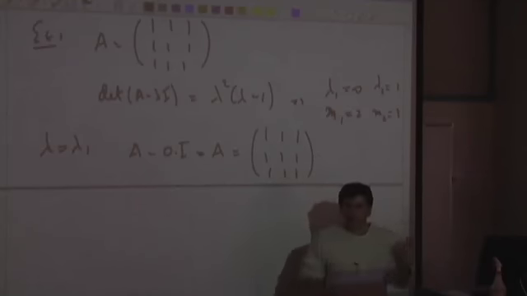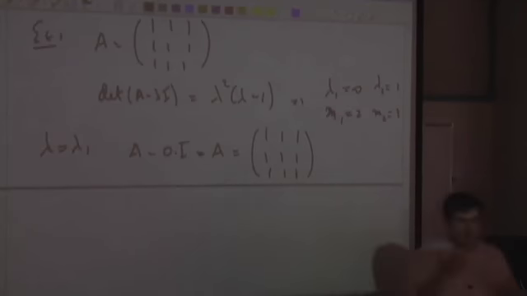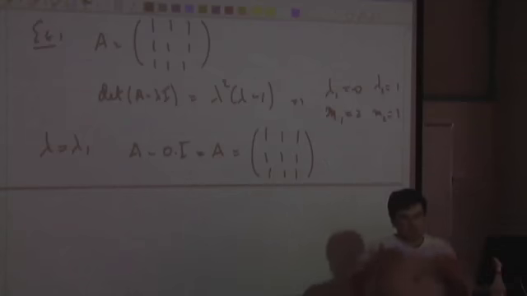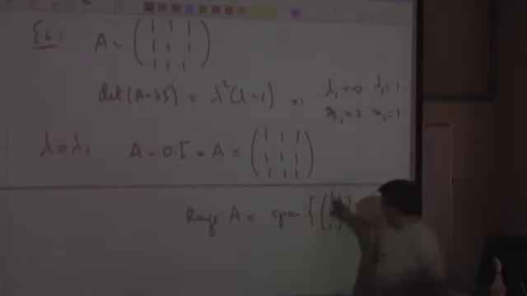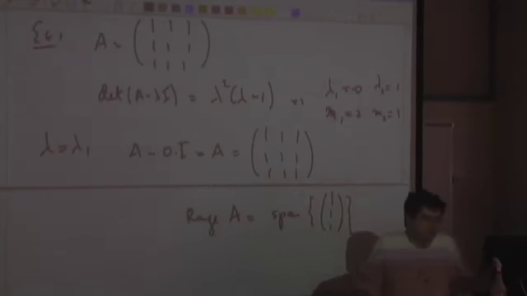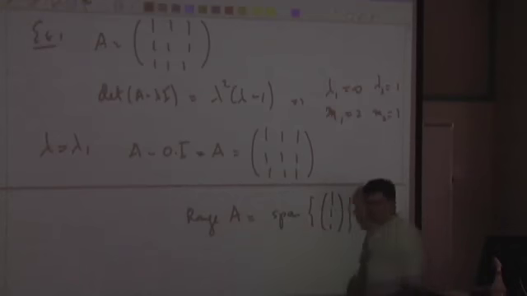All three columns are the same, so all the linear combinations will be one dimensional, right? So the range of A is the span of, that just means linear combinations of, this, because there's only one column, right? So how many linearly independent eigenvectors are there? One, right?